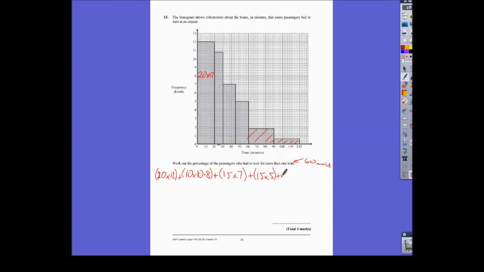And then the last two bars are 30 wide, and that one is 1.8 tall, and 30 wide by 0.6 tall. Now, if we add all those up, you can put it all into the calculator in one go, we end up with 600 as a total amount of passengers, and the last two bars are 72. So it's 72 out of 600, and to convert that to percentage, we just times by 100, which is 12%.